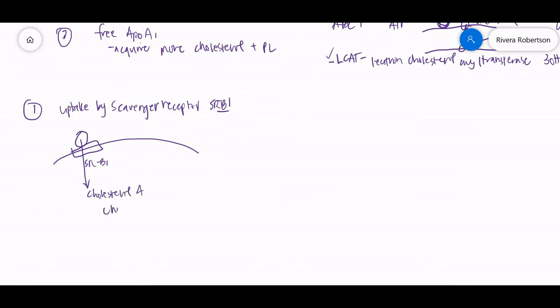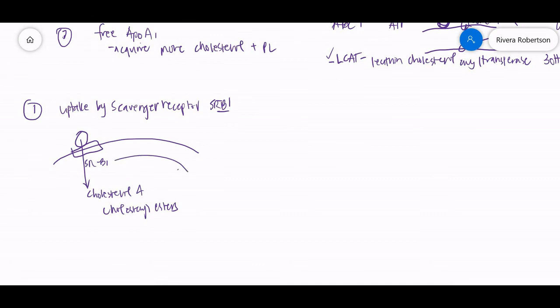So, once na ma-recognize niya yung high-density lipoprotein, yung cholesterol at saka cholesterol esters ay pumapasok doon sa cell, and ayun na, nawawala yung cholesterol and cholesterol ester component ng high density lipoprotein.